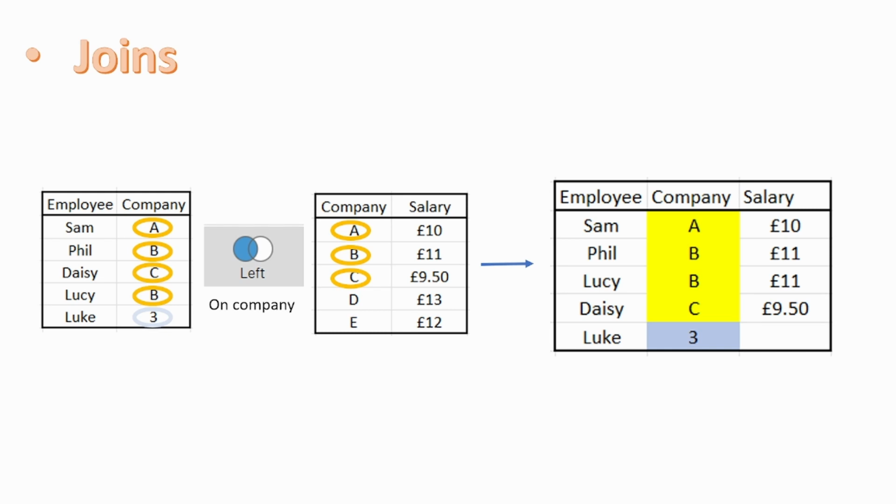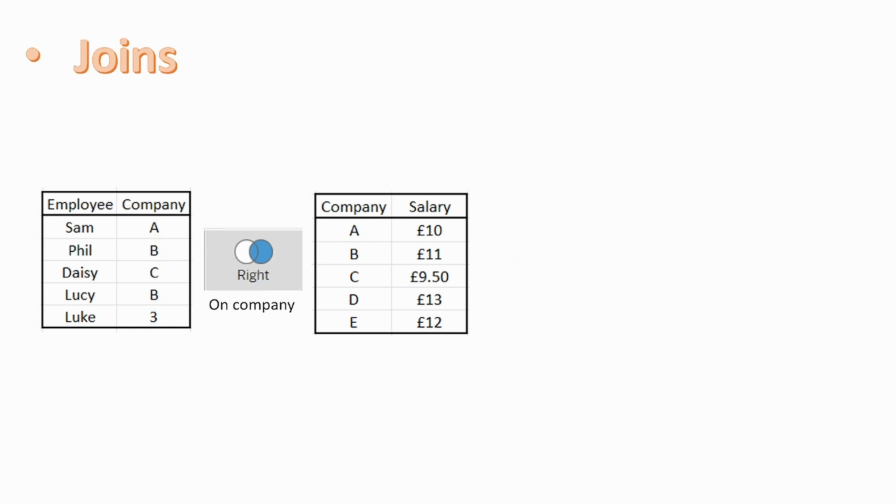And can you see that salary is blank because there is no company 3 to link the salary to. A right join on company is essentially exactly the same, but instead of looking at the left, we look at the right. So let's first start with the inner. So we look at A's, the B's, the C's, everything that is the same as the inner.